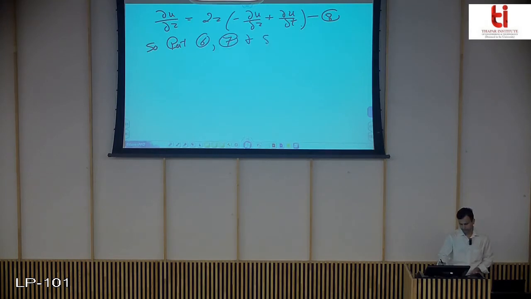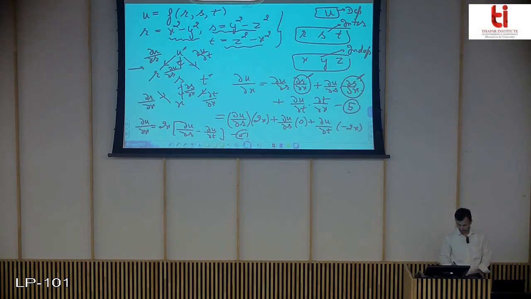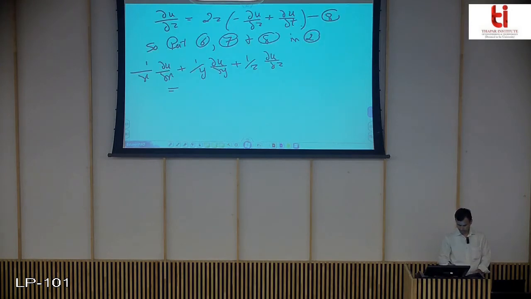So put 6, 7 and 8 back in equation number 2. You get 1 by x del u by del x plus 1 by y del u by del y plus 1 by z del u by del z equals del u by del x, this one. So this gives you 2 times del u by del r minus del u by del t.